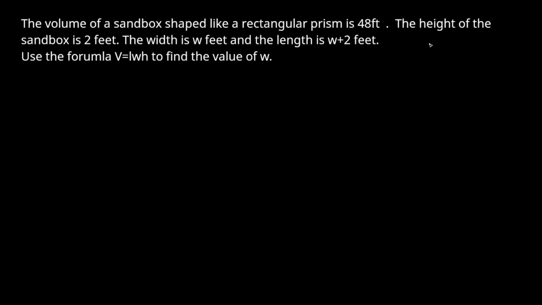The height of the sandbox is 2 feet. The width is W feet, and the length is W plus 2 feet. Use the formula volume, or V, equals length times width times height to find the value of W. So we've read it. Now let's illustrate it.